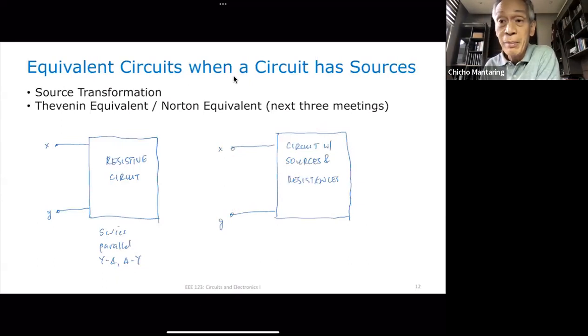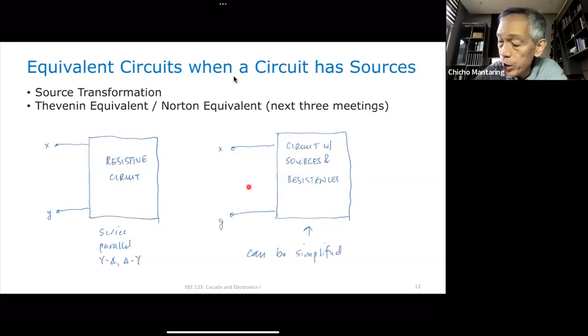My answer to that is yes. This can be simplified. So that if we're only interested in the behavior of the circuit with respect to X and Y, we can replace this entire circuit with a simpler equivalent circuit and make it easy now to solve our circuit problem.